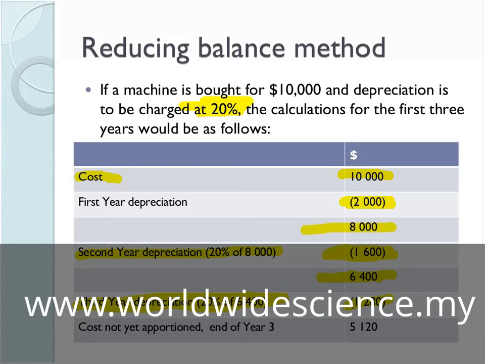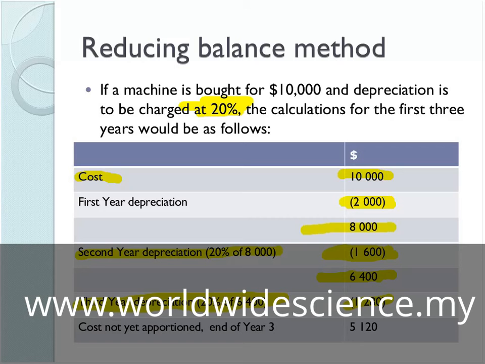So let's see the depreciation for year number 3. We will calculate 6,400 multiplied by 20%, which is the rate of the machinery, right? It will be equal to 1,280. This is year number 1.